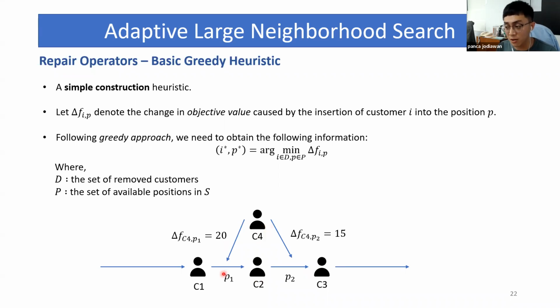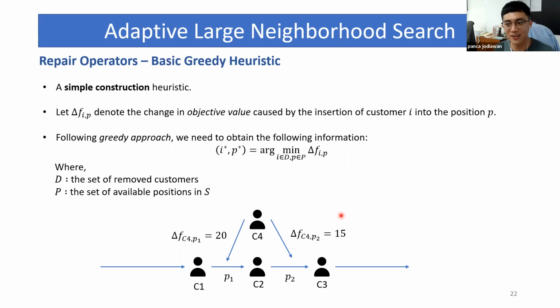Is it in P1 or P2? I have provided the information here: delta F C4 P1, the cost to insert C4 in position P1, equals 20, while delta F C4 P2 equals 15. It should be a very short answer. Which position should you choose based on the definition of the greedy heuristic?